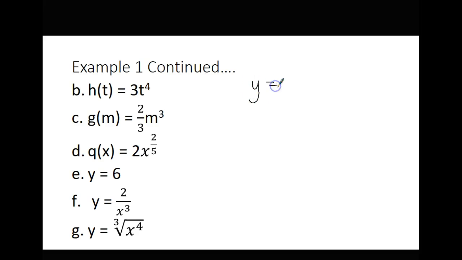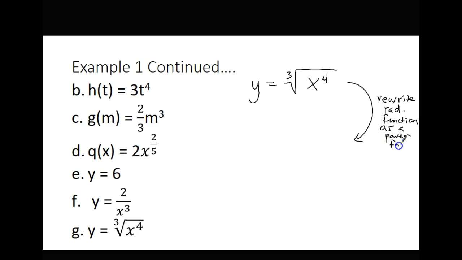All right, here's another one. Y equals the cube root of x to the 4th power. Well, that's not a power function. That's a radical function. But, once again, I can rewrite my radical function as a power function. And we kind of learned that a few steps ago also. I can change that into y to the power of what?